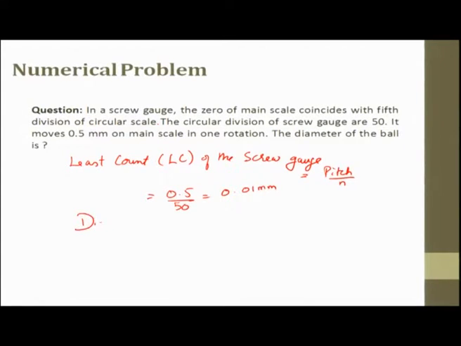The diameter of the ball is equal to 2 into 0.5 millimeter, plus 25 minus 5 into 0.01 millimeter, which is nothing but 1.2 millimeter. Okay. So, this is the diameter of the ball.